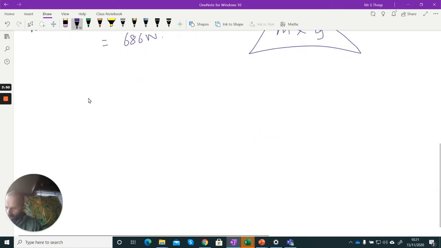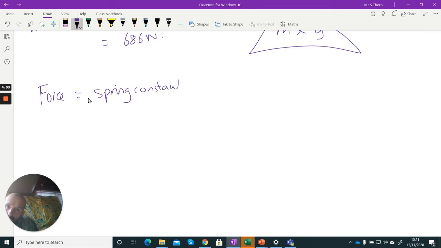Now this is to do with a spring. So this is the force is equal to the spring constant times by the extension. Now this is all to do with a practical where you stretch a spring. So you have a spring and then you put a weight on it.